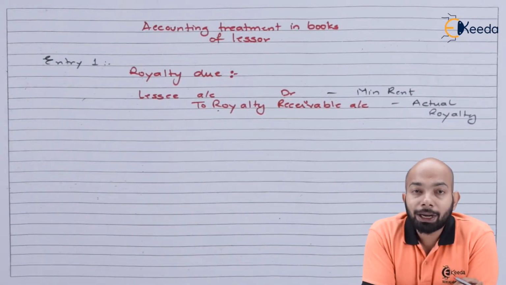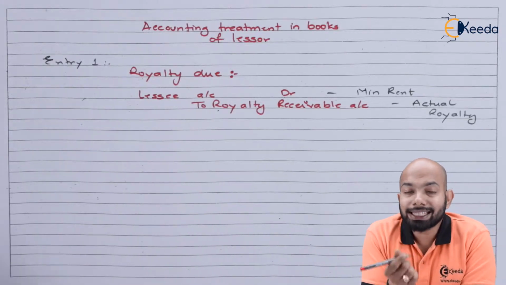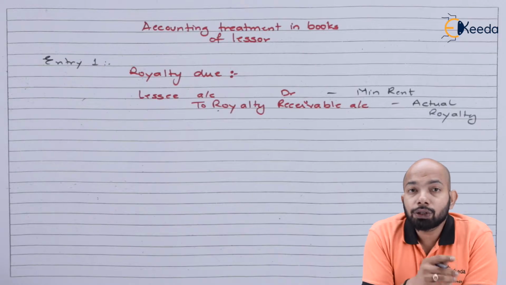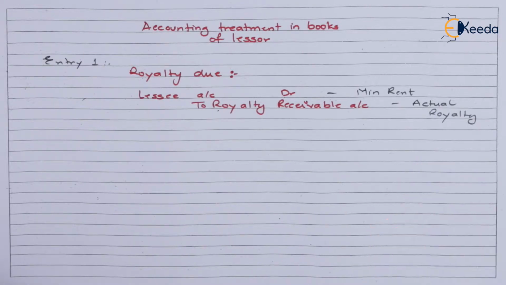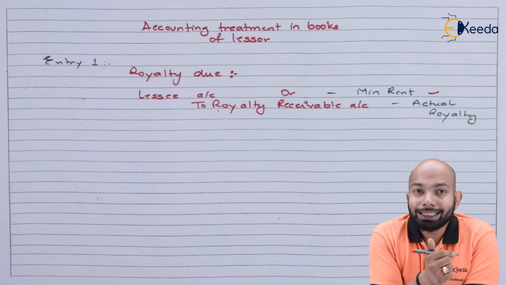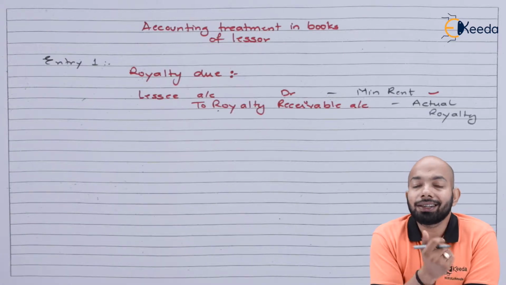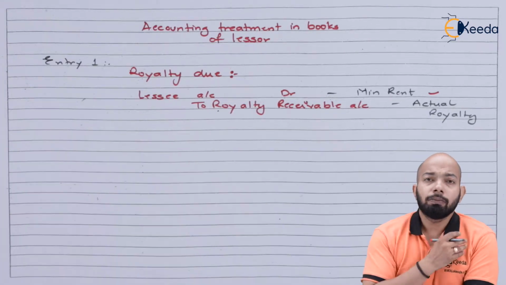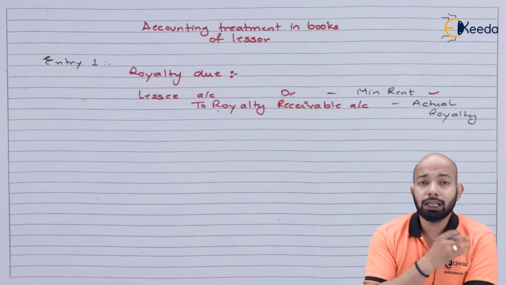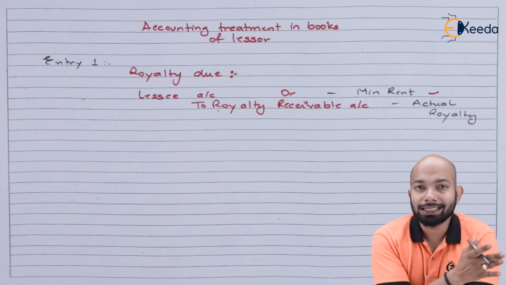The entry that we have passed here is lessee account debit to royalty receivable. This refers to the actual amount that is supposed to be received. Whenever we pass this entry, the amount debited is the minimum rent, and the amount credited is the actual royalty. Because if I'm supposed to receive royalty, I'll think that I'm receiving the actual royalty, so I'll be expecting that.